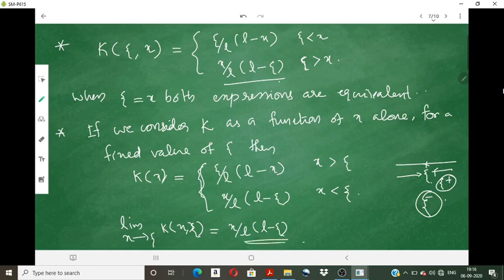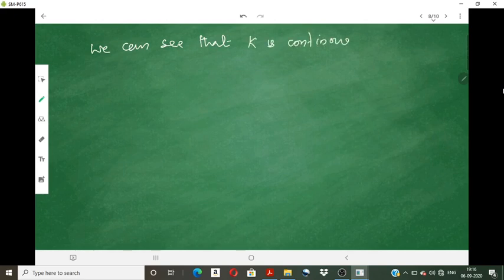And the value at x equal to theta is k of theta, the same. That means when we consider k as a function of x alone for a fixed value of theta, k is continuous at x equal to theta.